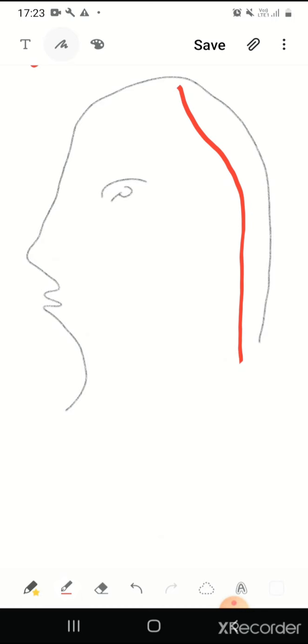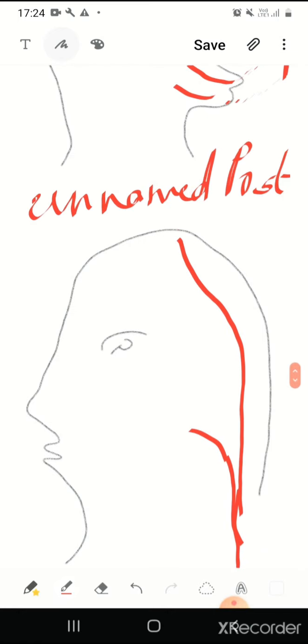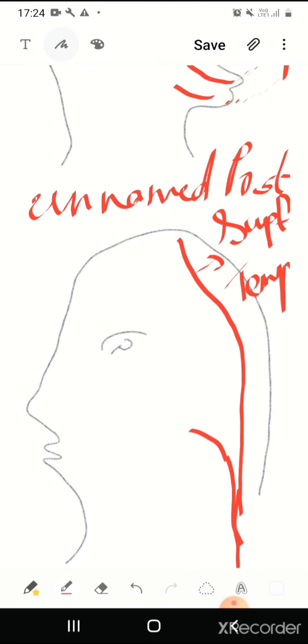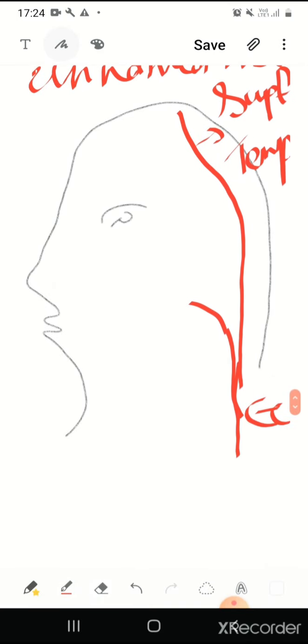So we all know the superficial temporal artery is the smaller terminal branch of the external carotid artery, and the larger terminal branch is the maxillary artery, about which we'll talk in another video. So the transverse facial artery is a branch of the superficial temporal artery.